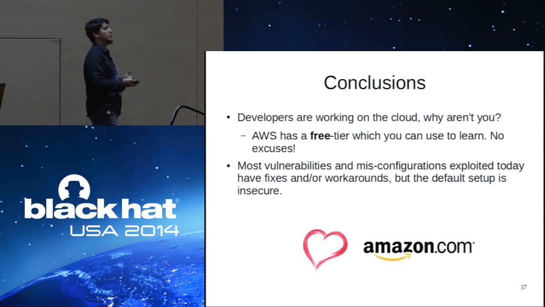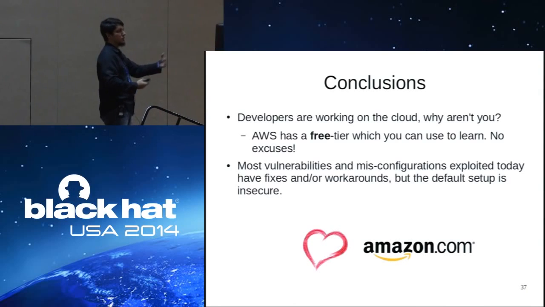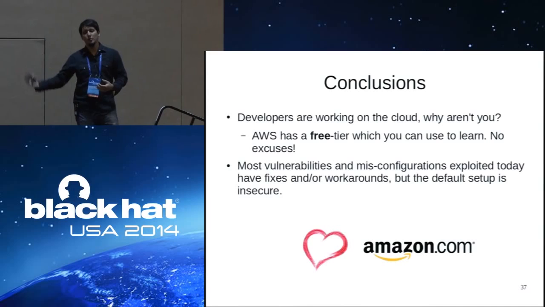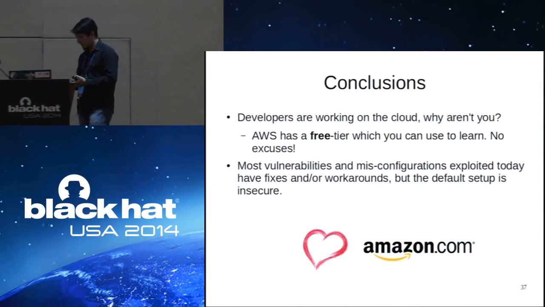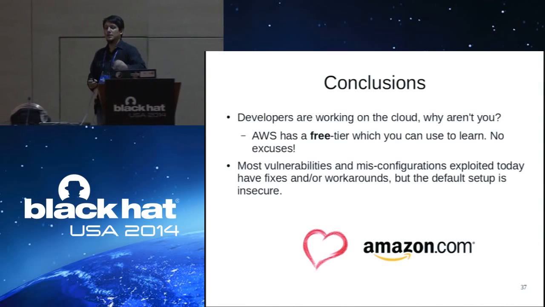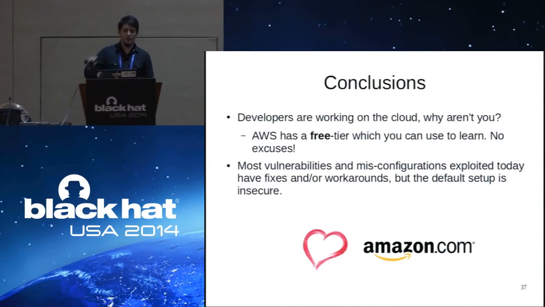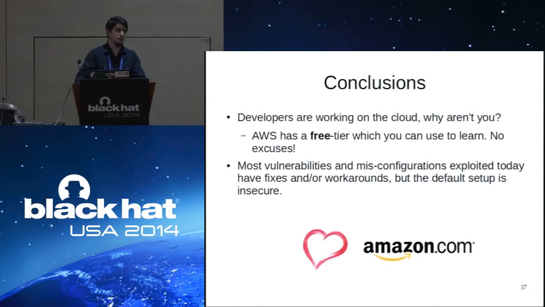So you should learn about Amazon, or you should learn about any other cloud provider that your development teams are using. In this specific case, Amazon provides a free tier kind of licensing, which you could use for learning. It's for free. You should use it.